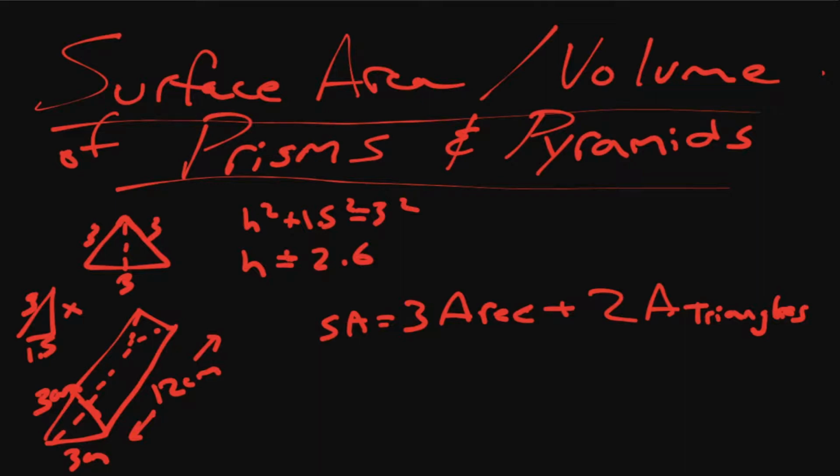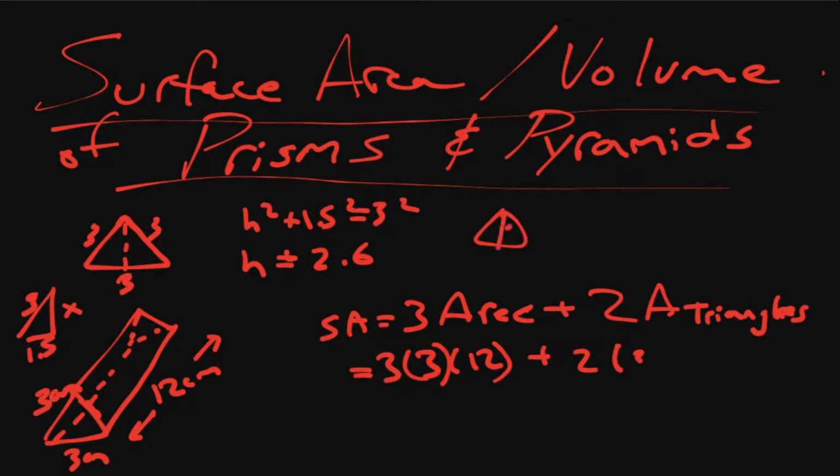So we're left with, we know that 3 times 12 is the area of the rectangle, and we have 3 of them. And then we have 2 triangles. So 2 times, let's say the base times height. So we have the triangle like this.